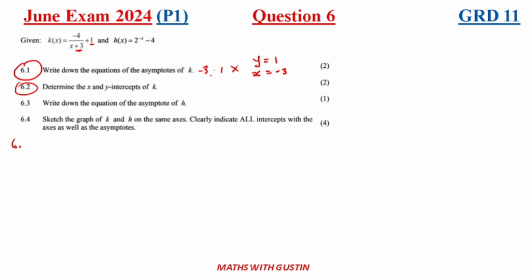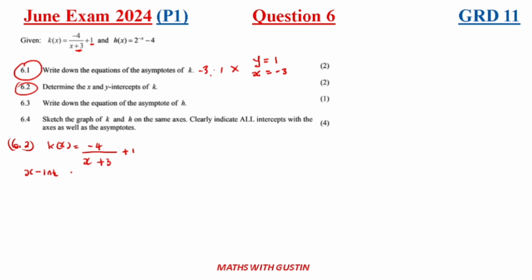Okay, 6.2 rather, we're going to have k f of x is equals to negative 4 all over x plus 3, plus 1. Okay, so we're looking for x intercept.